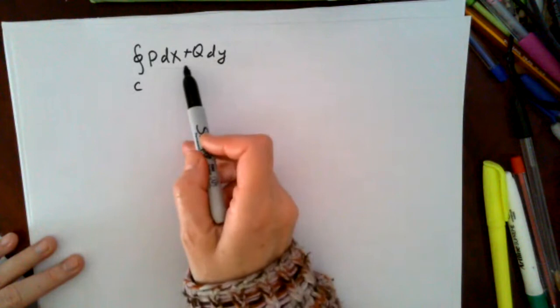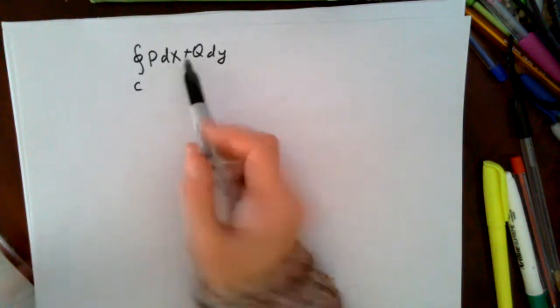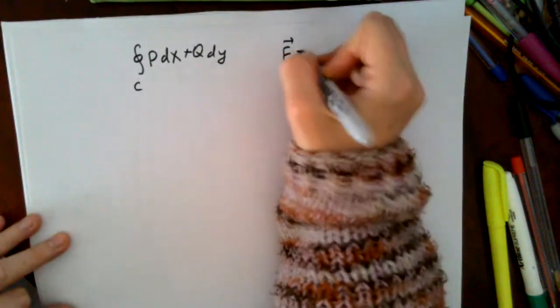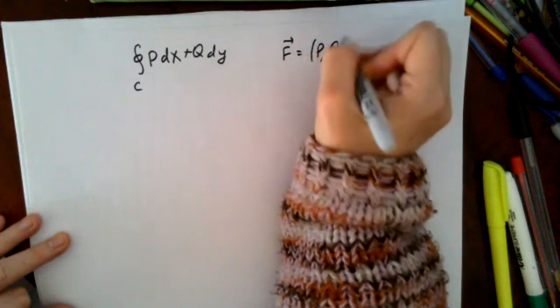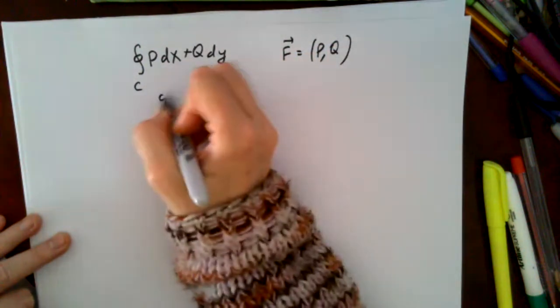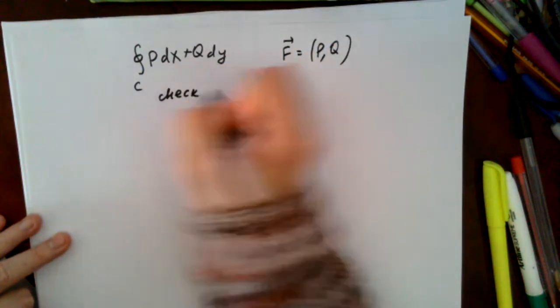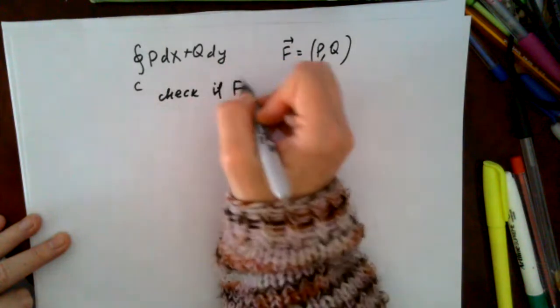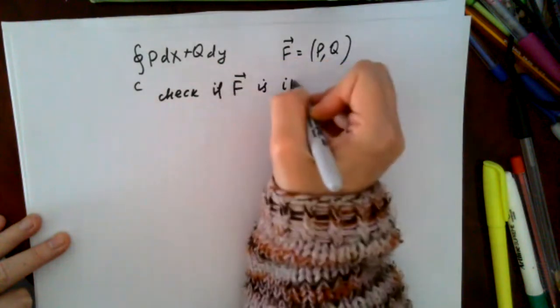The general recommendation is to check if your vector field F, with components P and Q, is irrotational or not. So it was recommended as a first step. Check if vector field F is irrotational.